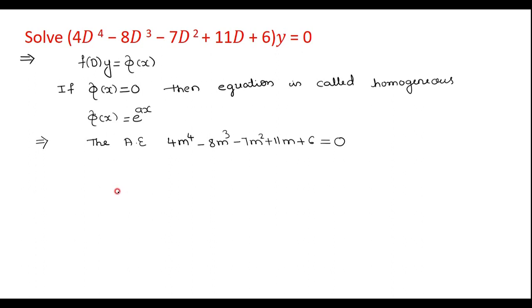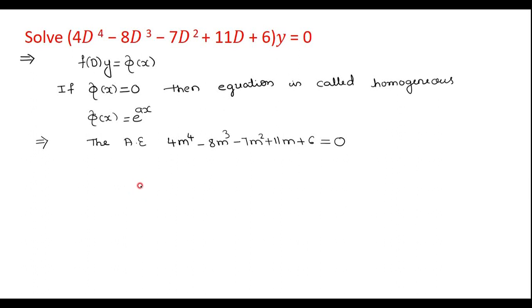We have to find the roots of this equation and write the complementary function. The solution of the homogeneous equation is called the complementary function. The roots of the biquadratic equation, we'll find by the synthetic division method. So what is synthetic division?